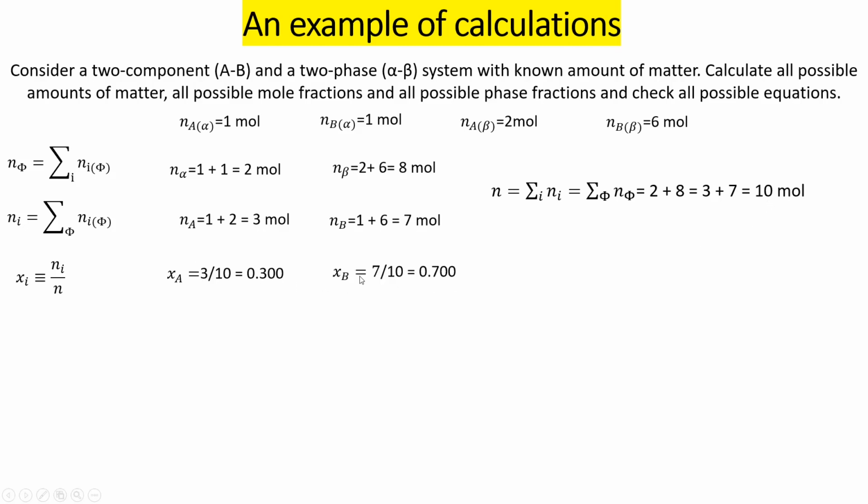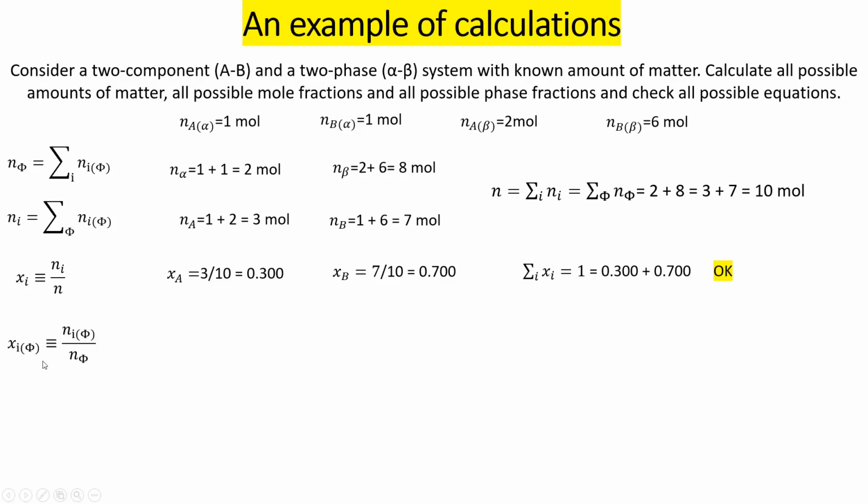Now for component B, I take the total amount of component B, which is 7 moles, and divide it by the total amount, which is 10 moles, I get 0.7. At this point, I can check one of our equations, saying that the total of the fractions must be 1, and indeed 0.3 plus 0.7 is 1, so this equation is obeyed.